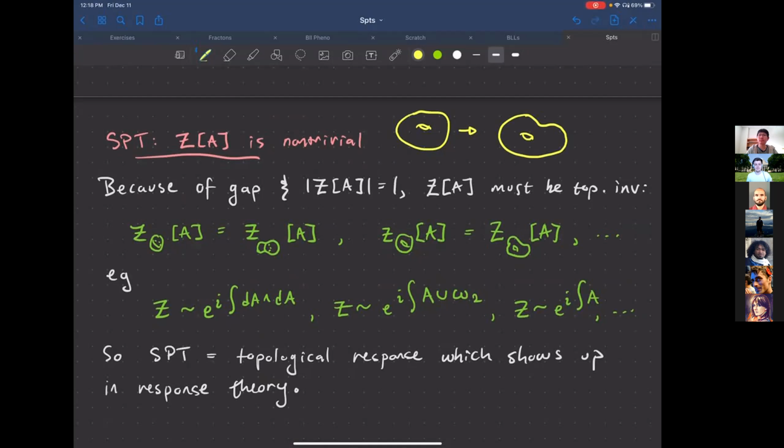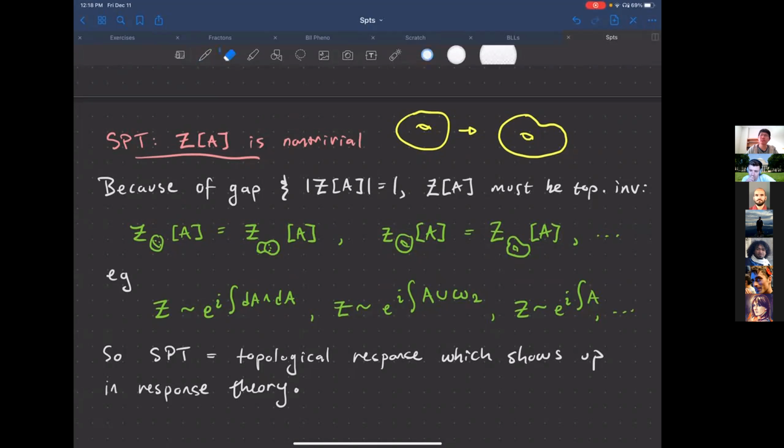But we don't really have any local degrees of freedom here in these systems, because if we had local degrees of freedom, then we wouldn't have a gap, right? So when I don't have any gap and I don't have any local degrees of freedom, my partition function can't possibly be sensitive to local details of the manifold I put on.